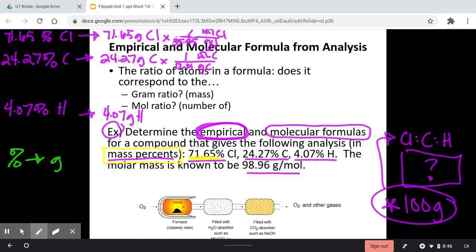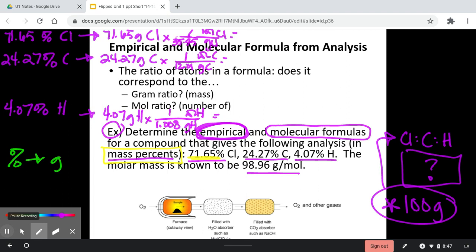All right, take that 35.45. Let's put that on the bottom because that's our amount in grams. 35.45 grams per 1 mole. Makes a little bit more sense. All right, 12.01 grams per 1 mole. Let's go hydrogen. Grams of hydrogen to moles of hydrogen. So that is 1.008.